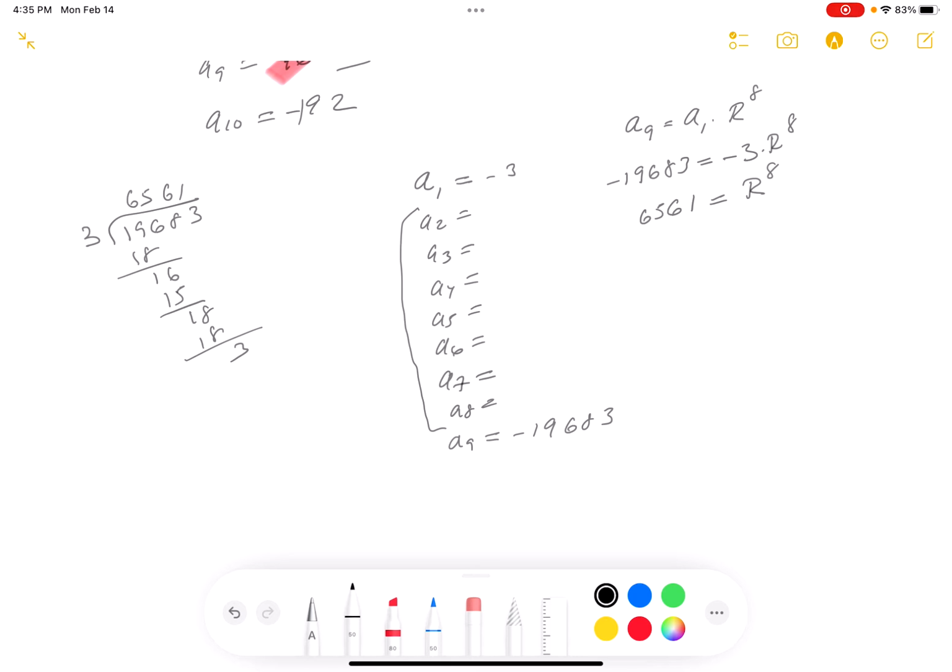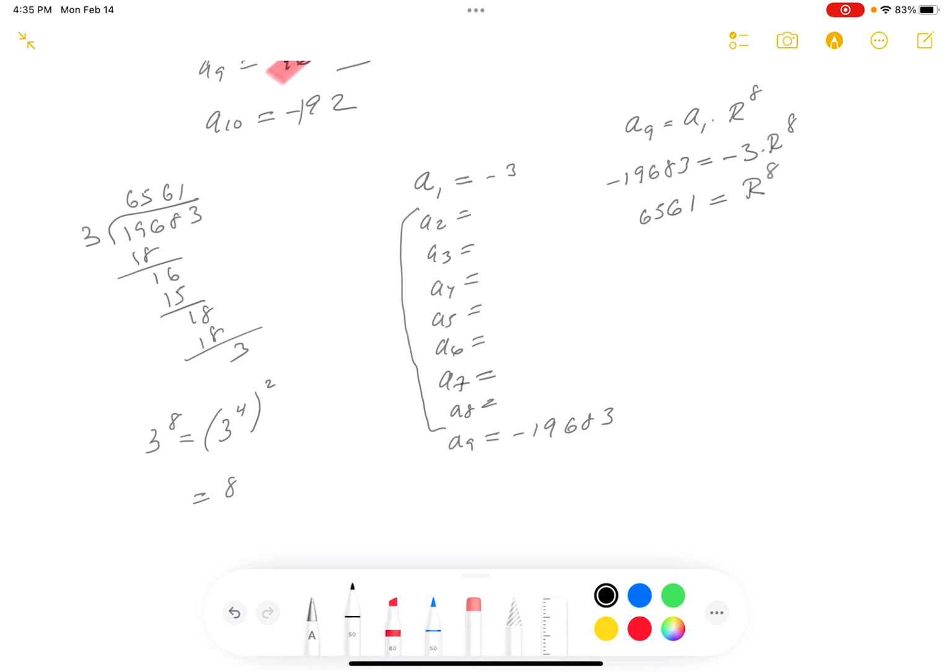Now, granted, I realize that it really does look like a difficult number, and I don't mind using calculators, but I want to point out the number 3 to the 8th power. Well, let's put this down: 3 to the 4th power squared. It's a little bit easier for me to do it that way. 3 to the 4th is 3 times 3 is 9, times 3 is 27, 81.